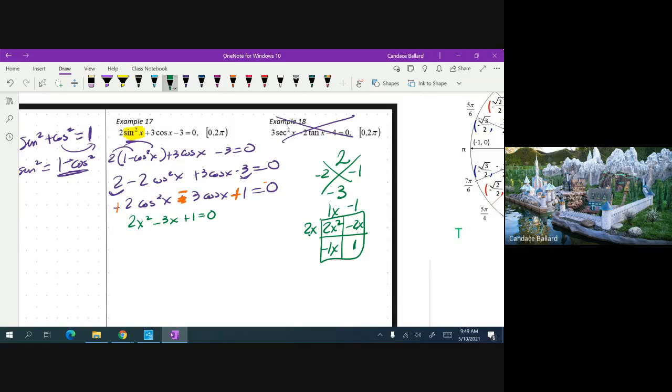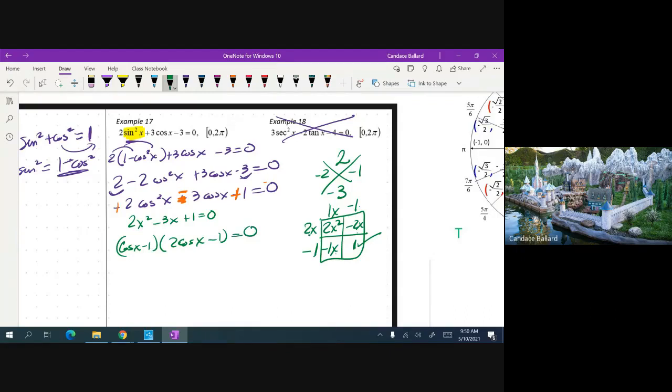And then 1x divides into negative 1x negative 1 times, and we check it. Negative 1 times negative 1 is 1. Instead of writing this with x's, I'm going to write it with cosines. So we have cosine x minus 1 times 2 cosine x minus 1 equals 0.